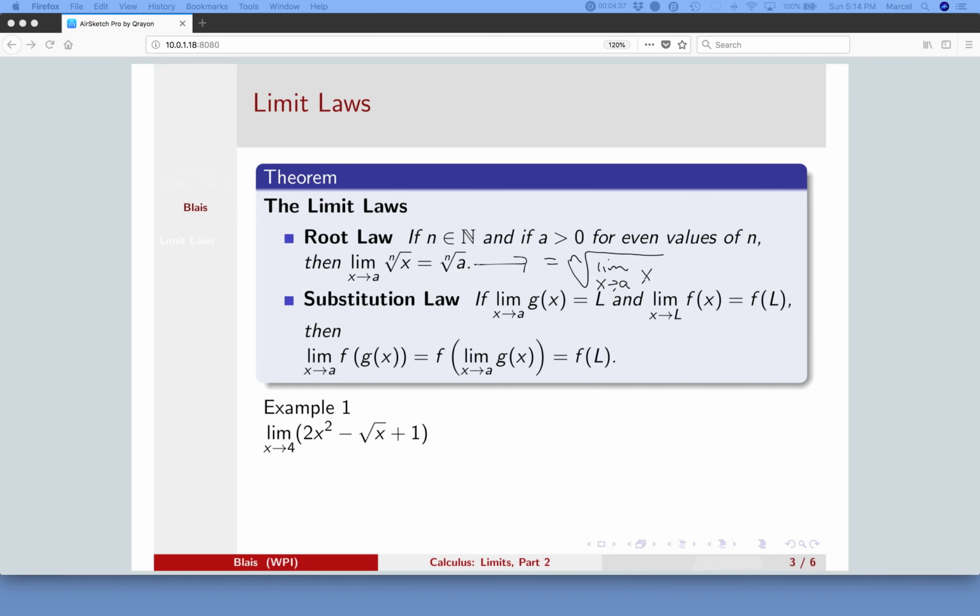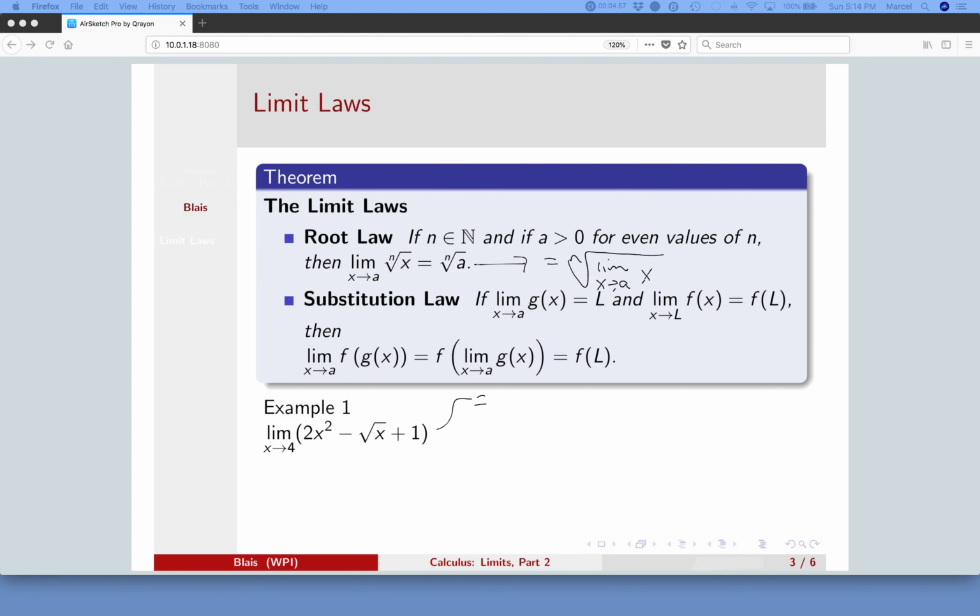So these are best understood by doing some examples. And in a homework, you would never have to show this level of granularity, but let's illustrate how you're actually using these rules here. So we would compute this by first using the sum law.